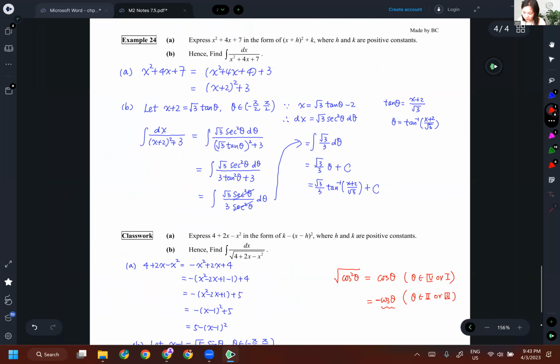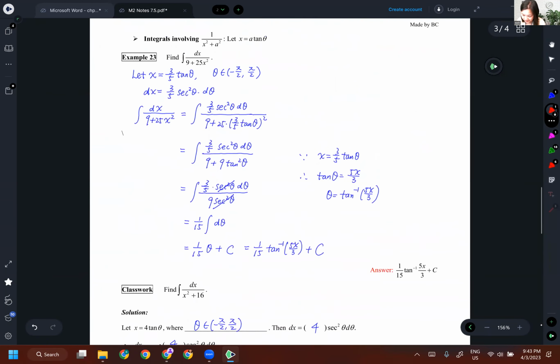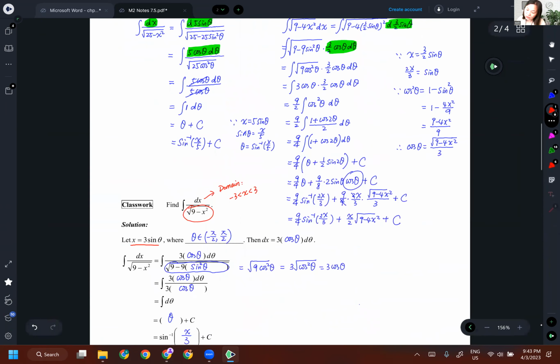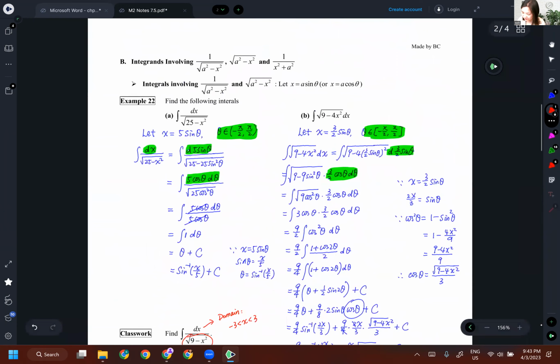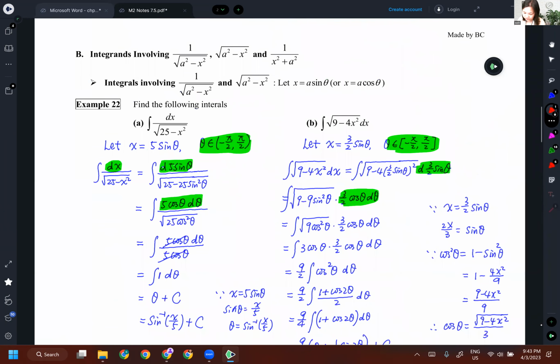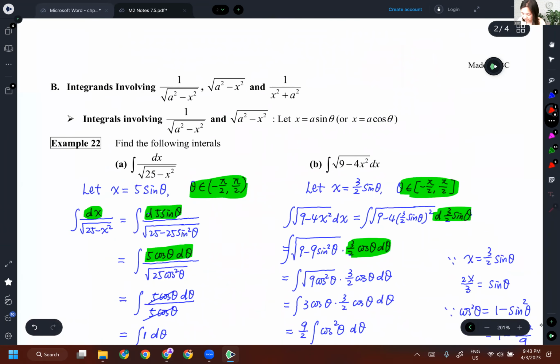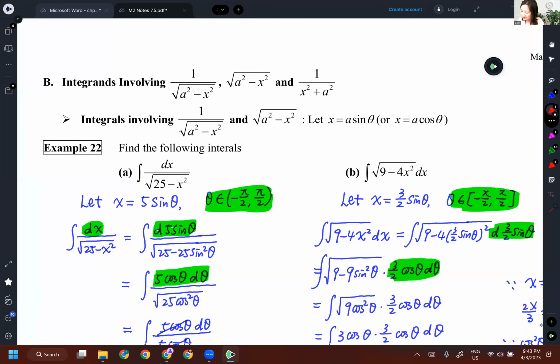So what you really need to learn in this lesson is when to use this substitution and when to use the other substitution. I think the method is in the title. When you see different things, you use different substitution. Okay, it's in the title.